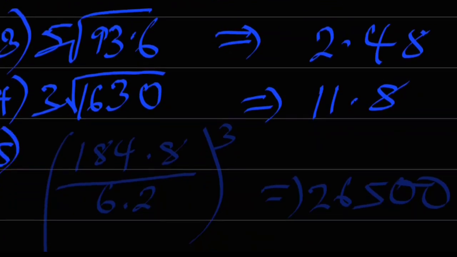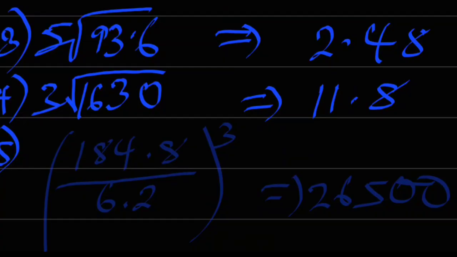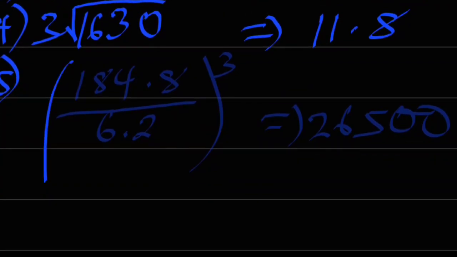The last question, question number 5, we have to evaluate open bracket 184.8 all over 6.2 close bracket raised to the power of 3. If your work is correct, your final answer will be 26500.